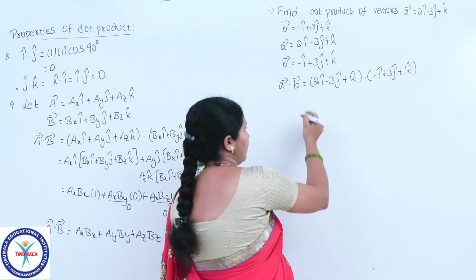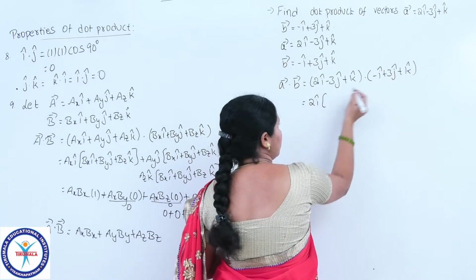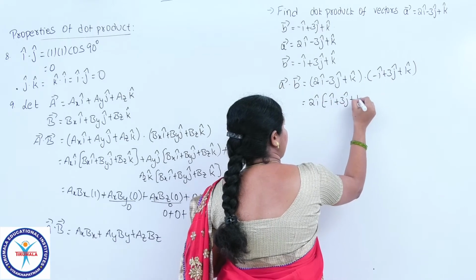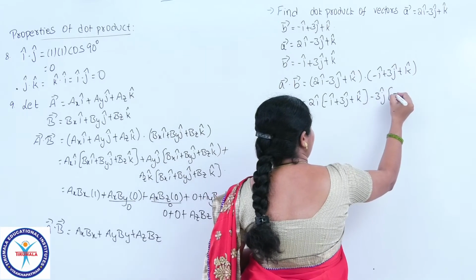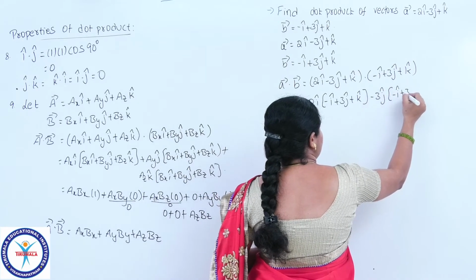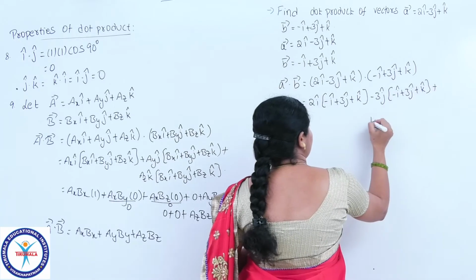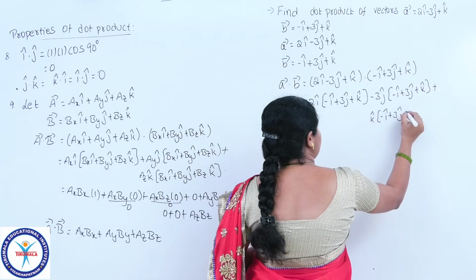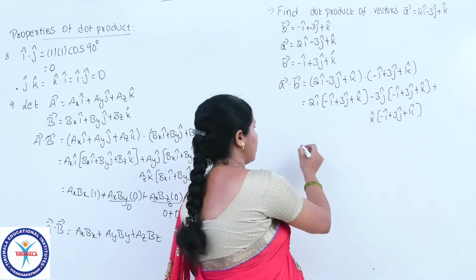Now, let us write 2i cap into the second vector, minus i cap plus 3j cap plus k cap, minus 3j cap into minus i cap plus 3j cap plus k cap, plus k cap into minus i cap plus 3j cap plus k cap. So, now let us see.